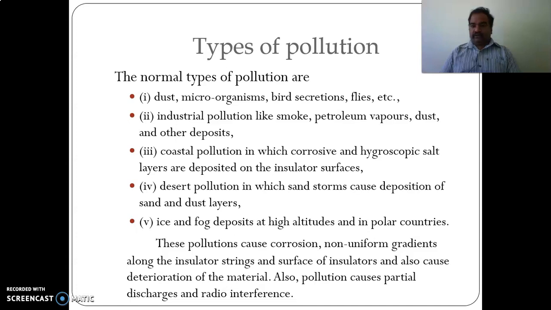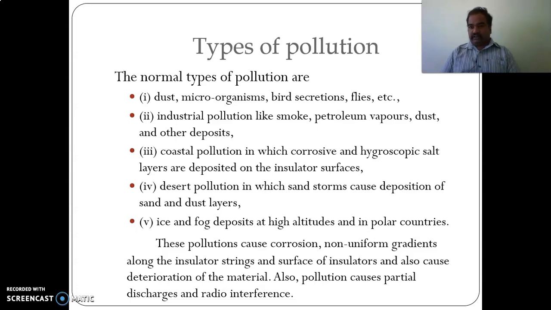And the coastal pollution, which is generally experienced in coastal areas, in which corrosive and hygroscopic salt layers get deposited on the surface of the insulators. And next is desert pollution, in which sandstorms cause deposits of sand on the surface of the insulators.